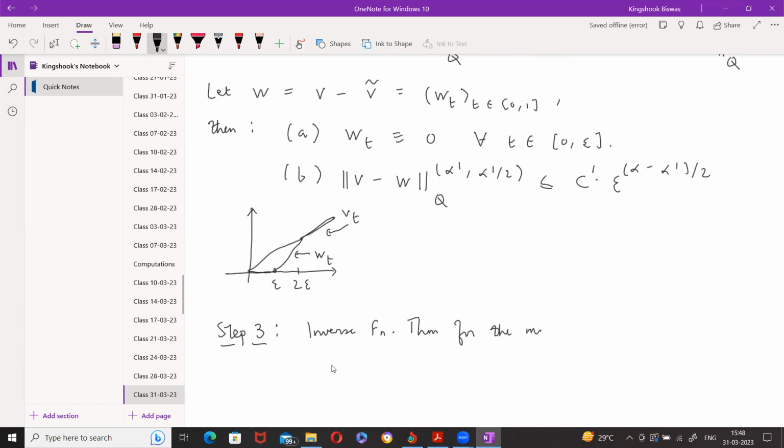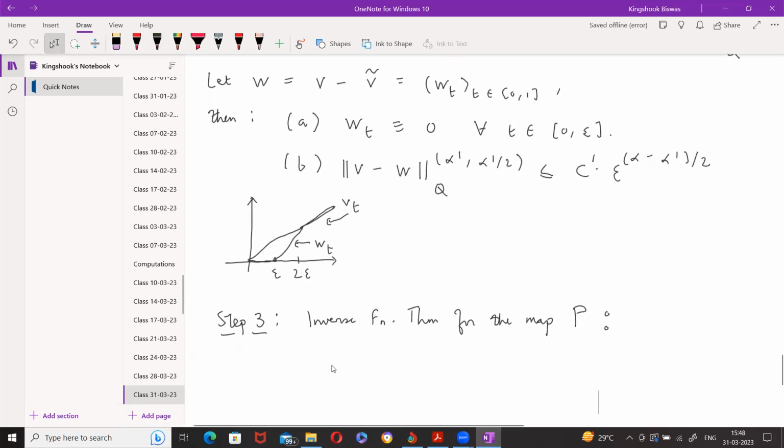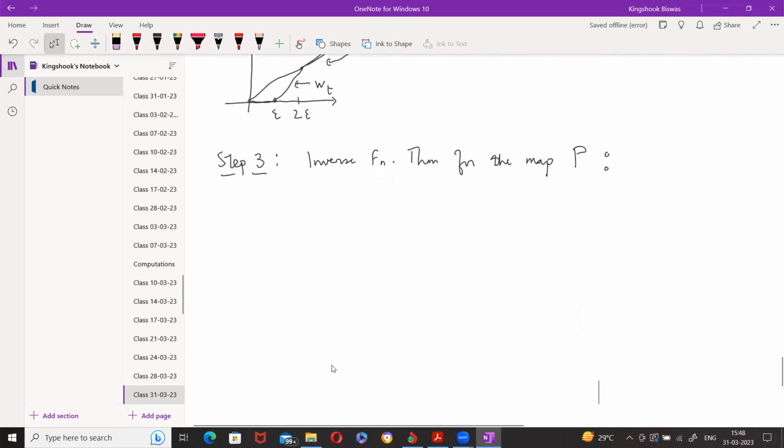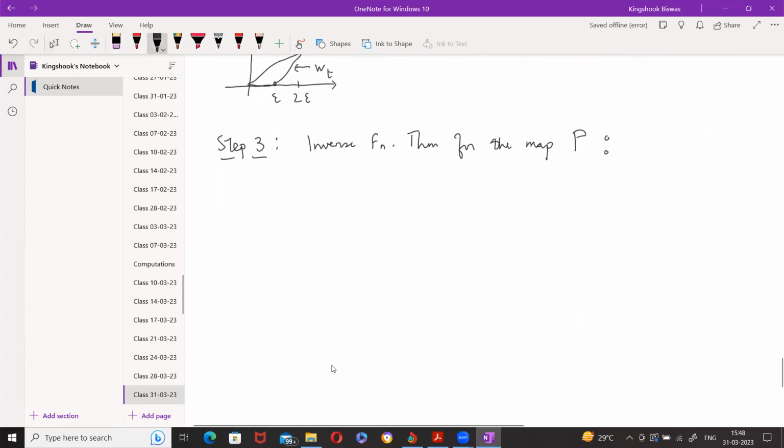For the map P, the nonlinear map P, which was going between two Holder spaces, the idea is that you define certain subspaces of the Holder spaces.